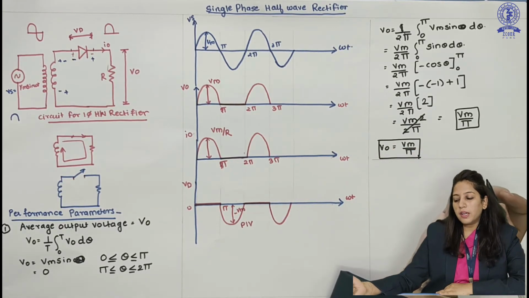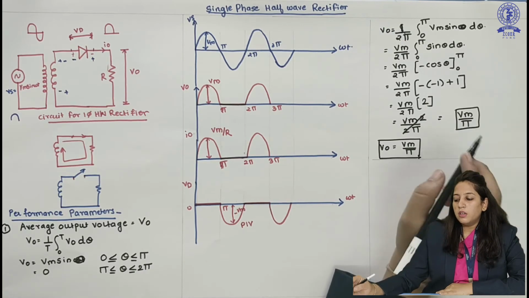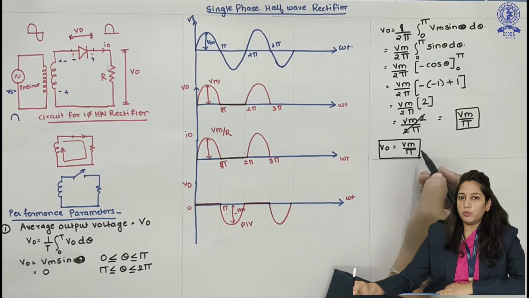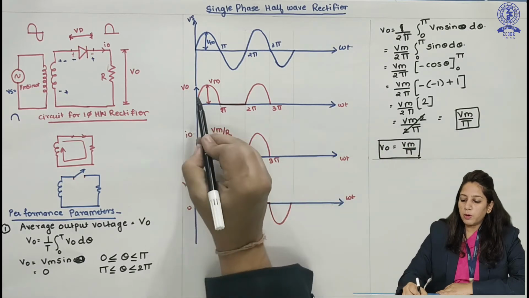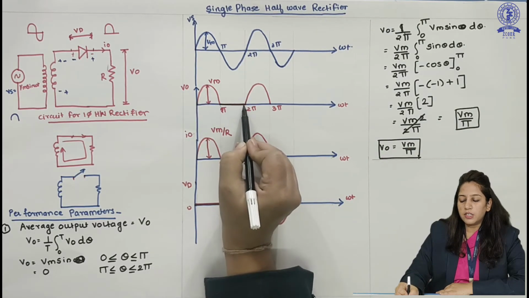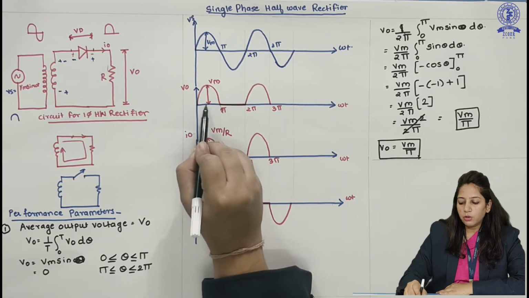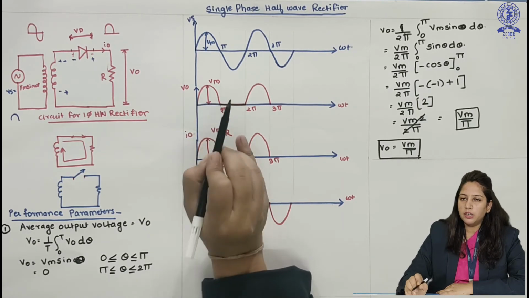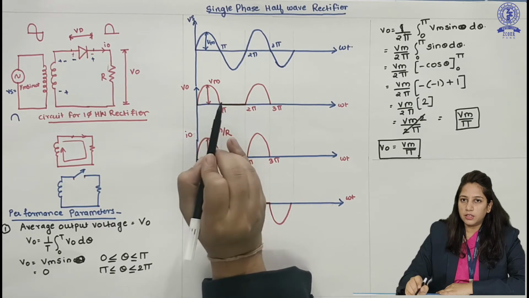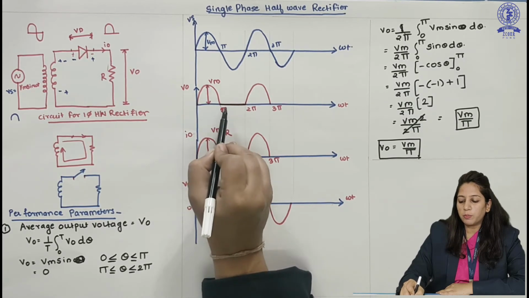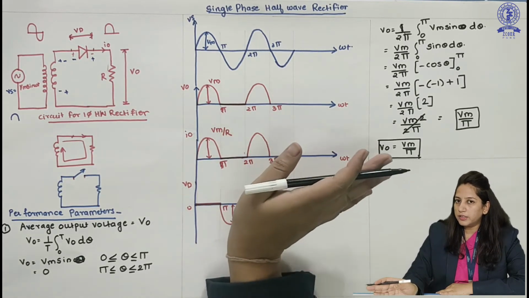Okay, now similarly we will see the RMS output voltage. The RMS output voltage will also be for the whole cycle, that is 0 to 2 pi, but for the half cycle we will only be getting a signal. For the rest of the half cycle, that is from pi to 2 pi, we will not be getting a signal here.